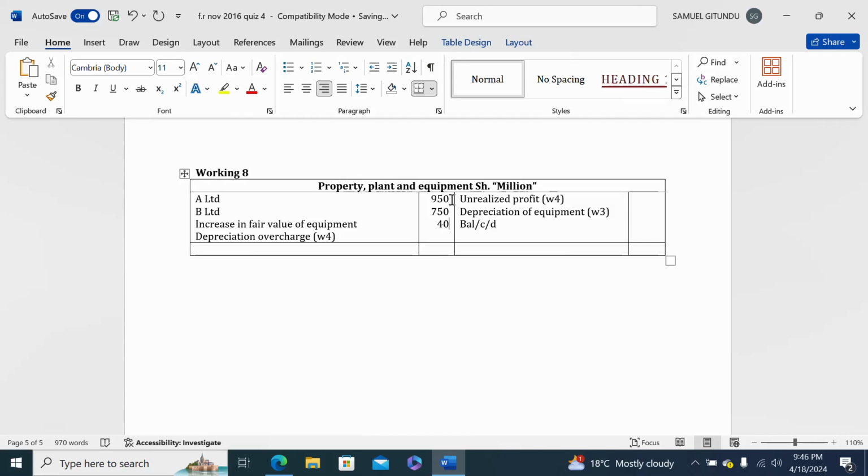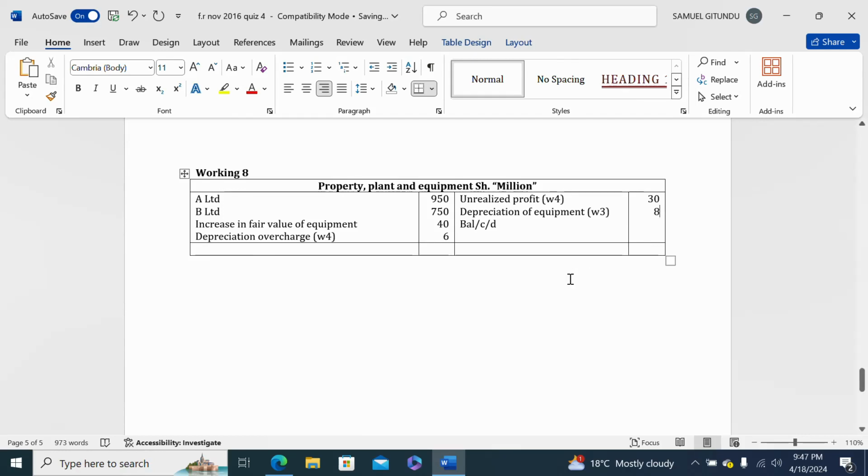The depreciation overcharge in working 4, that is the depreciation which was not supposed to be charged, is 6 million. Then we raise the unrealized profit on the sale of equipment in working note number 4, which we got as 30. Then we also deduct the depreciation undercharge of the equipment, which is 8.